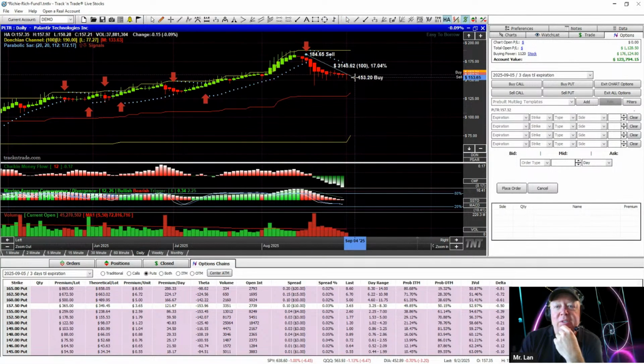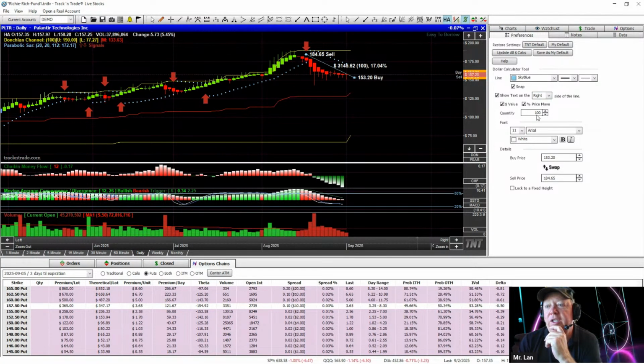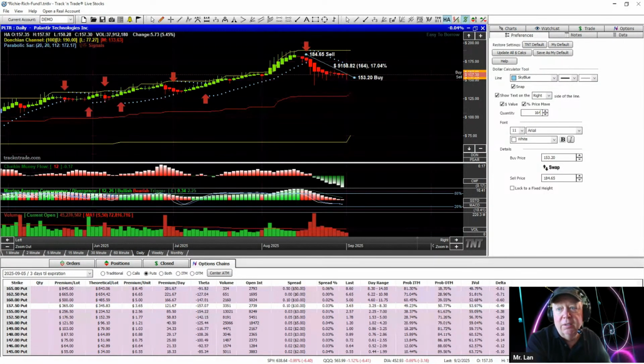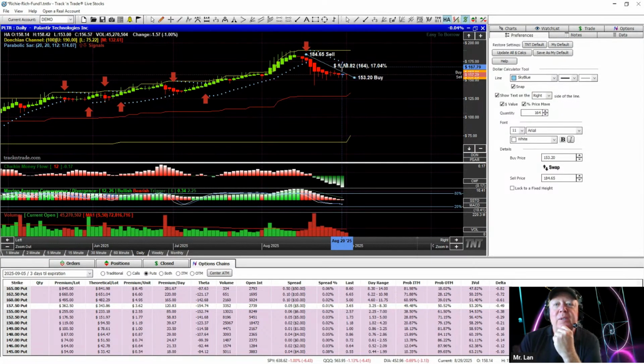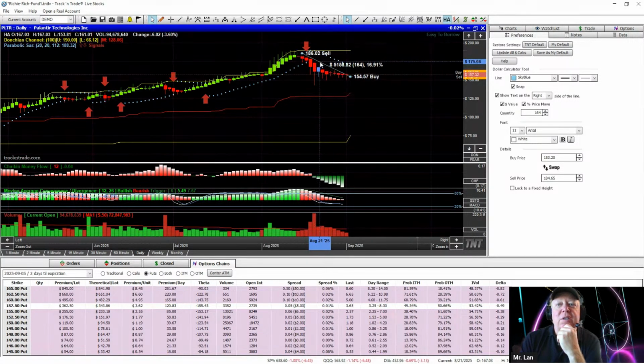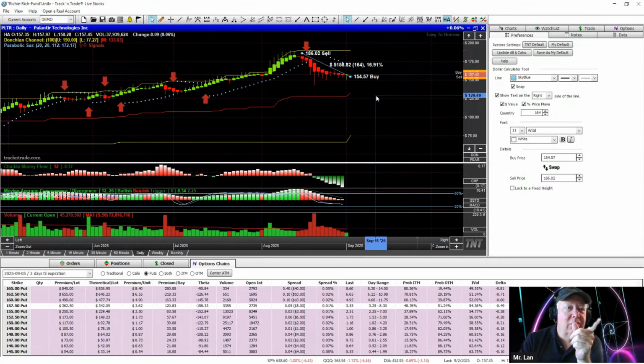How much was this? If we were coming in and we had, in this case, let's go to our preferences, and we're going to change that over to, how many shares did we have? 164. So if that was 164 shares, that was a $5,000 drop on our 164 shares, but not really, because that's over in PLTR.